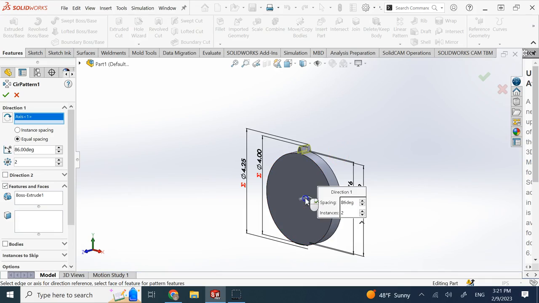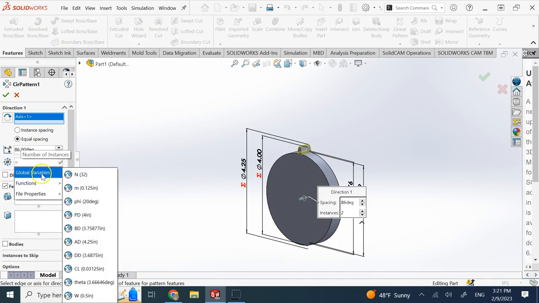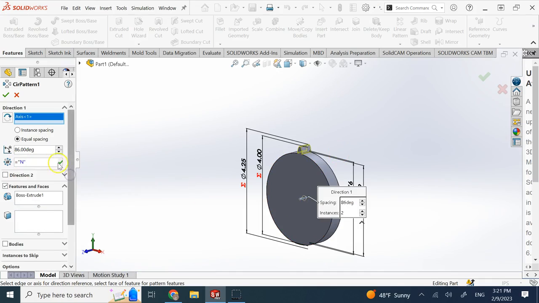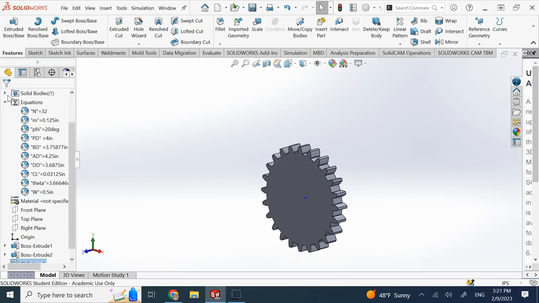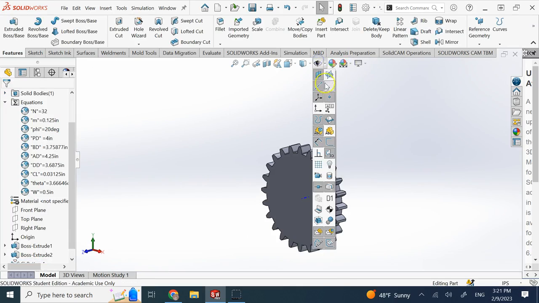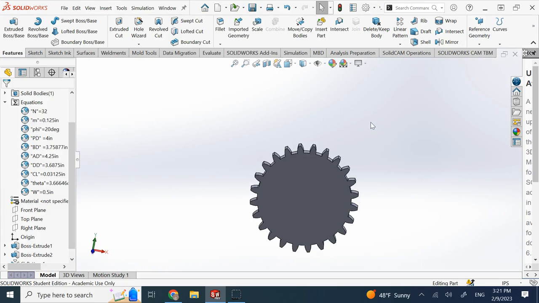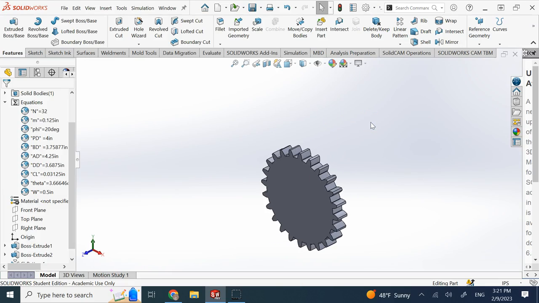It's going to be about this axis, and the number of teeth is going to be equal to n, with equal spacing, instant spacing, 32. I don't think it's going to do it, but let's see. Yeah, it did. Good. So 32. Now that's my gear with 32 teeth.